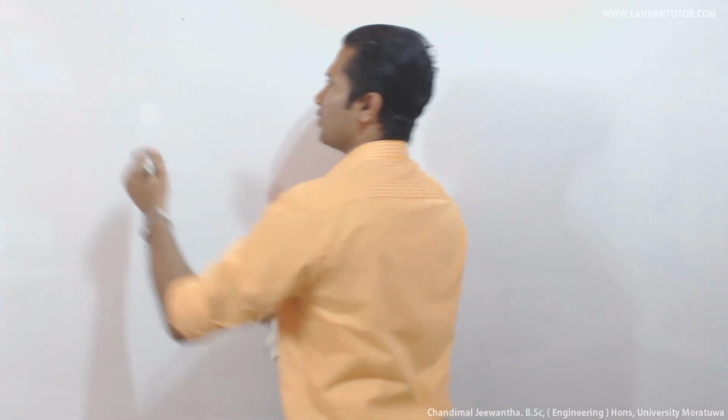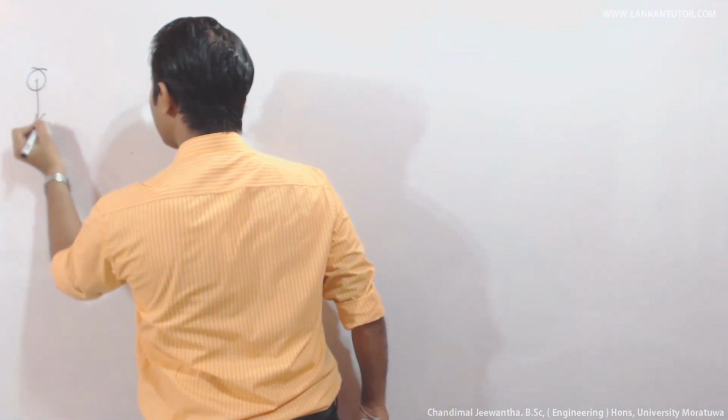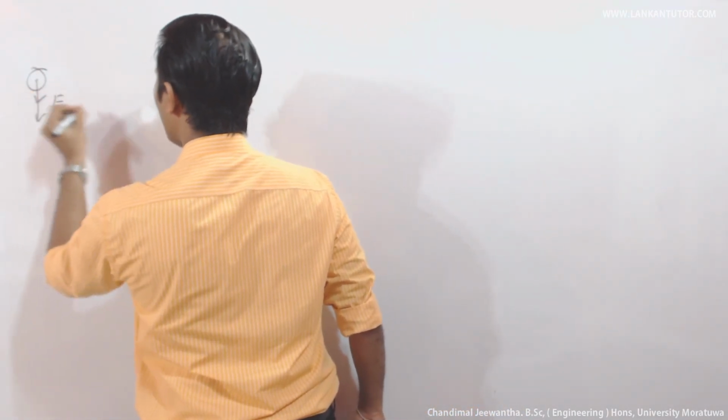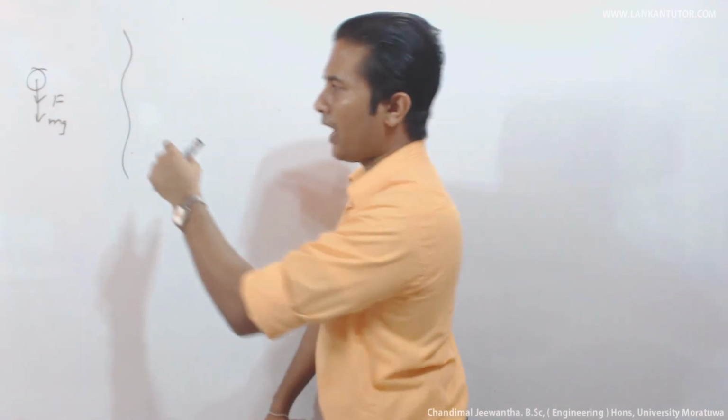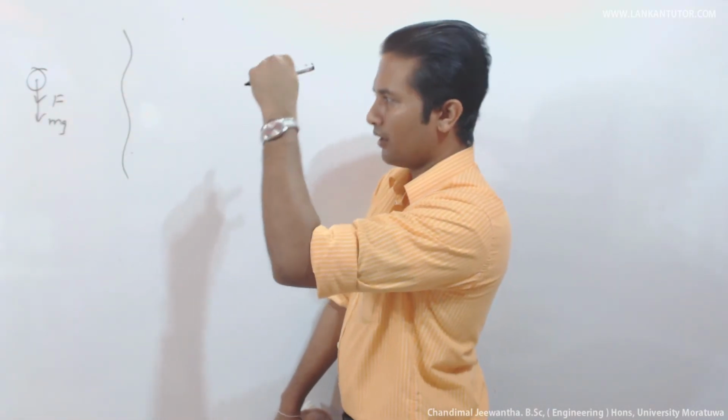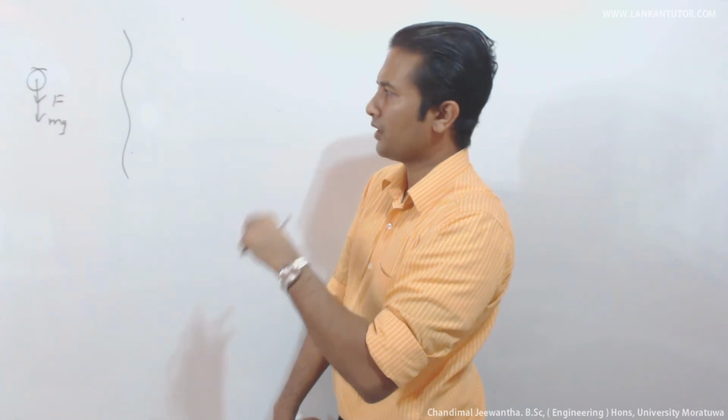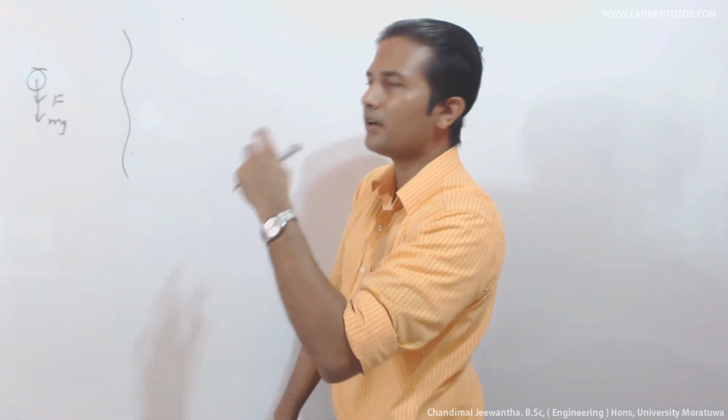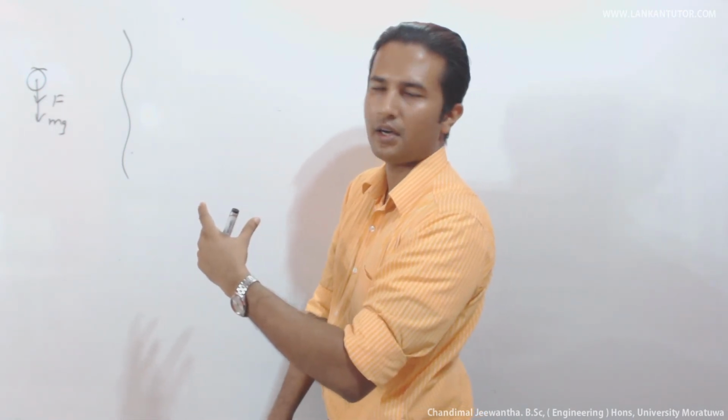What are those two forces? One is weight, the other one is air resistance. So when considering weight and air resistance, both act downwards. Therefore, there is a considerable retardation there.